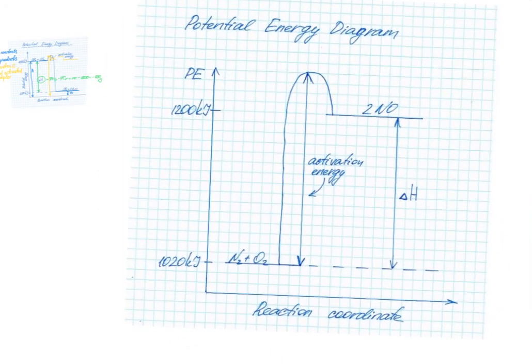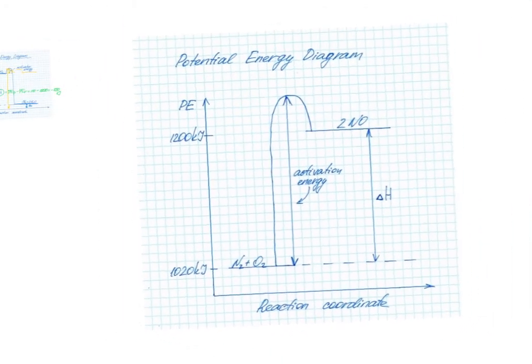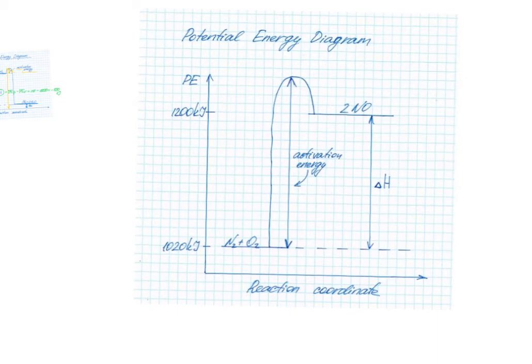Let's move it aside, let's move it in. Okay. Over here, my reaction, if I write it down, looks like this. Nitrogen reacts with oxygen to produce 2 moles of nitrogen monoxide.